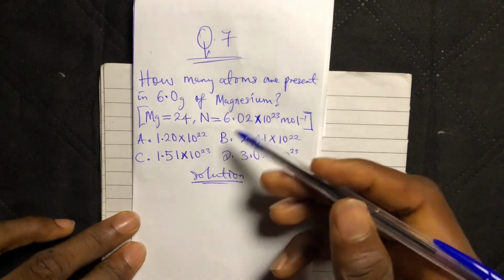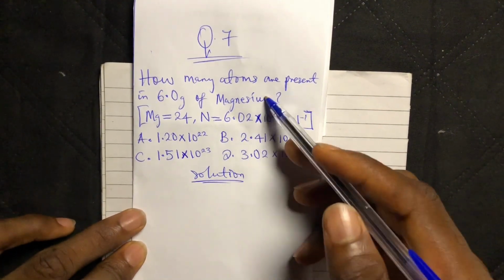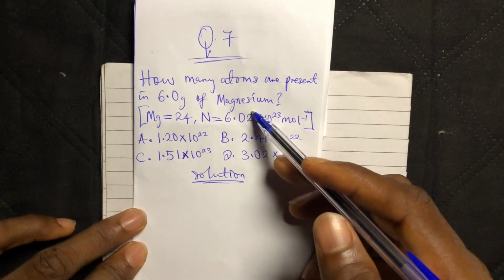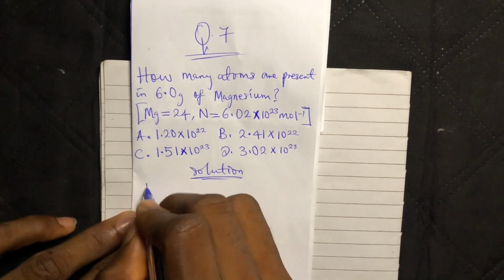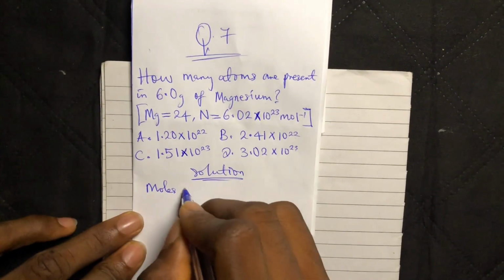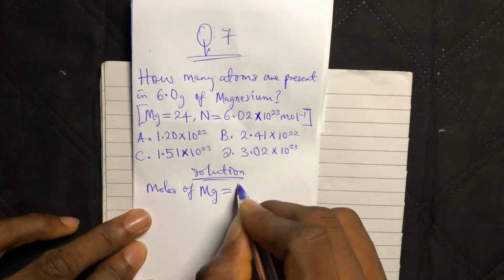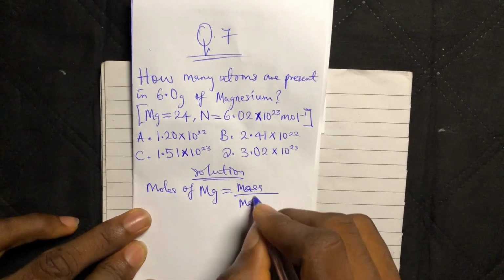So if you write out the values given to you, you notice that we are given the mass and we are given the molar mass. So if we want to get the moles of magnesium, we are going to use this formula which says moles of the substance, this is moles of magnesium, equal to mass over molar mass, right?